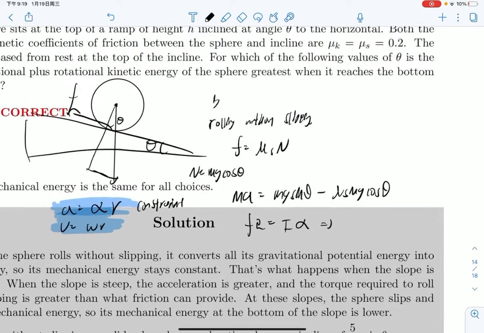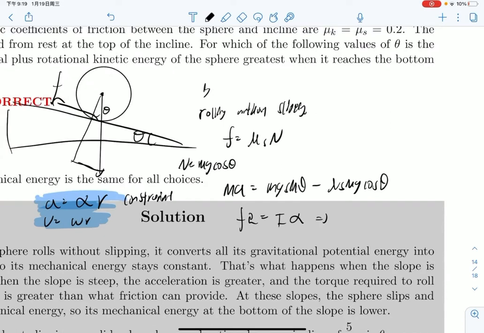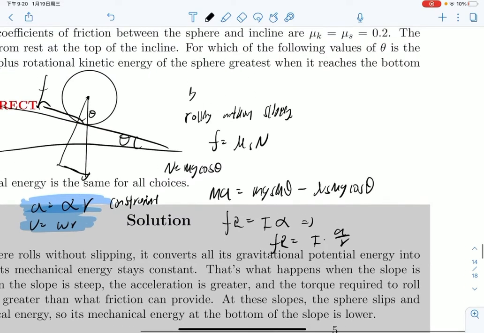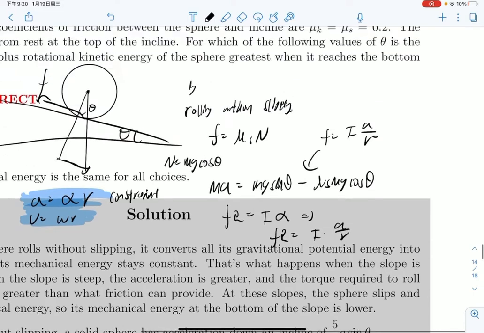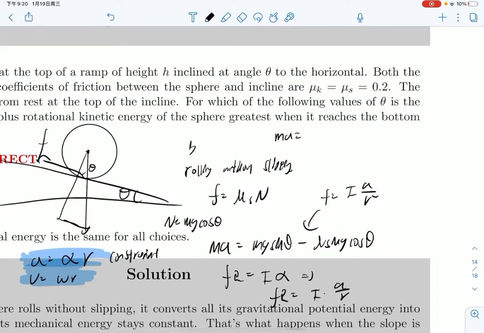So now you'll have Fr is equal to I times a r divided by r. So F is equal to I a over r squared. And plugging into this equation, you will have ma is equal to mg sine theta minus mu s.